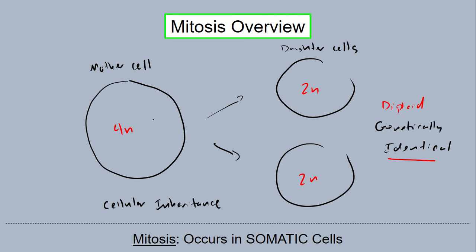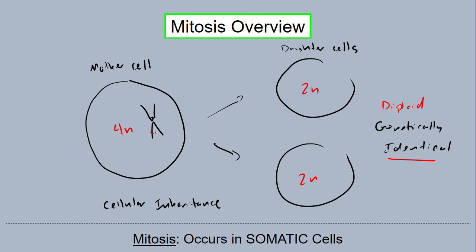For example, if we take one duplicated chromosome in this mother cell, each of these is a sister chromatid. This relates back to a question I got maybe three weeks ago, I think from Courtney, about the inheritance of mutations.